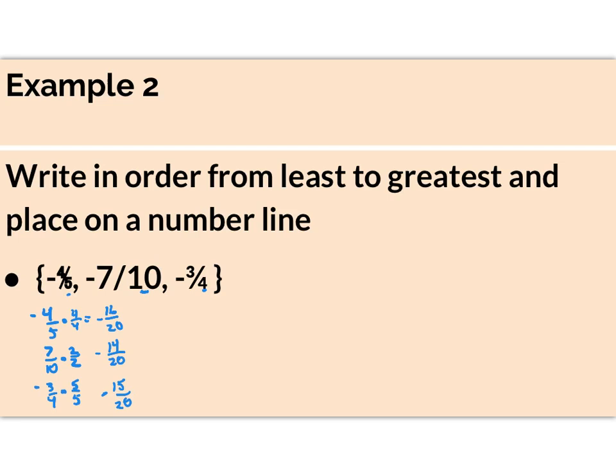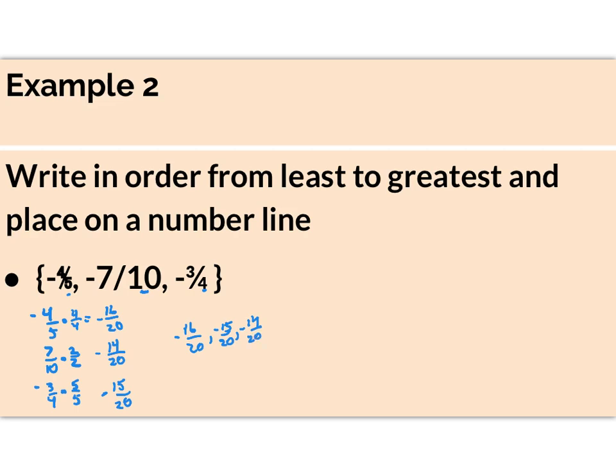So all three are negative. And we have to remember that on a number line, going from left to right, the larger the number, the further it is away from 0. So actually, from least to greatest, from smallest to biggest, the smallest number is actually -16/20, then -15/20, and then -14/20.